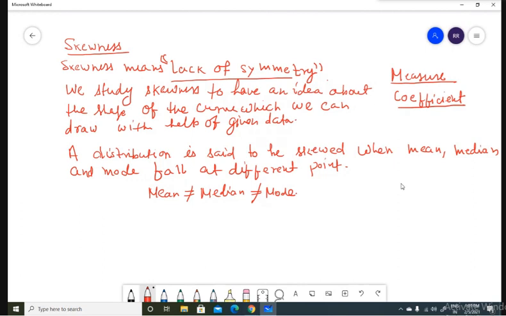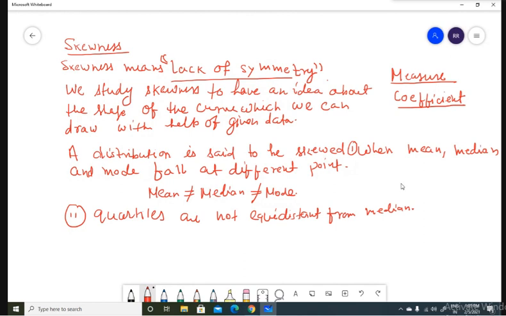this is the first point, and the second point is that quartiles are not equidistant from the median.